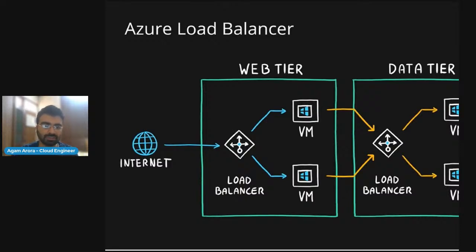Similarly, if queries are generated, let's say it's an e-commerce application, where n number of customers are inputting their data and fetching details from the database in the data tier. The load increases on the first virtual machine, which is hosting a SQL database.